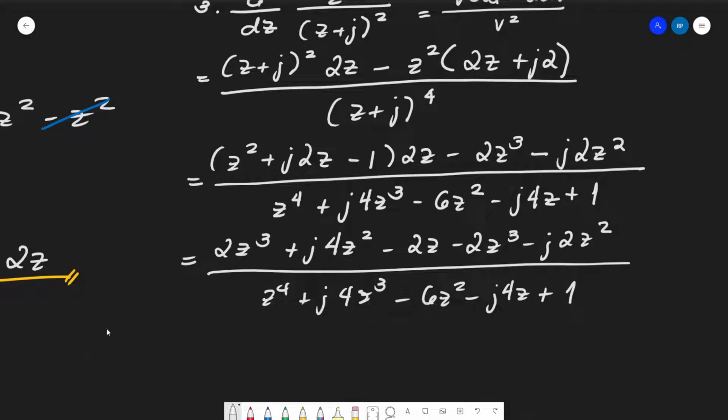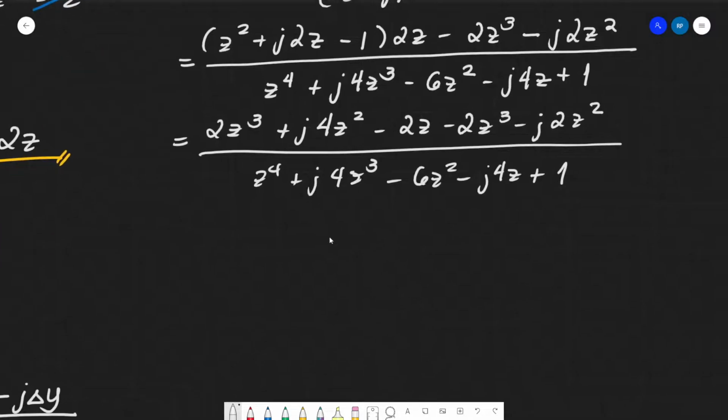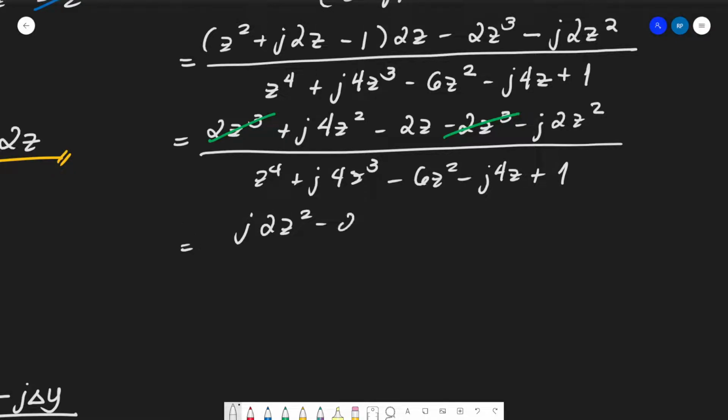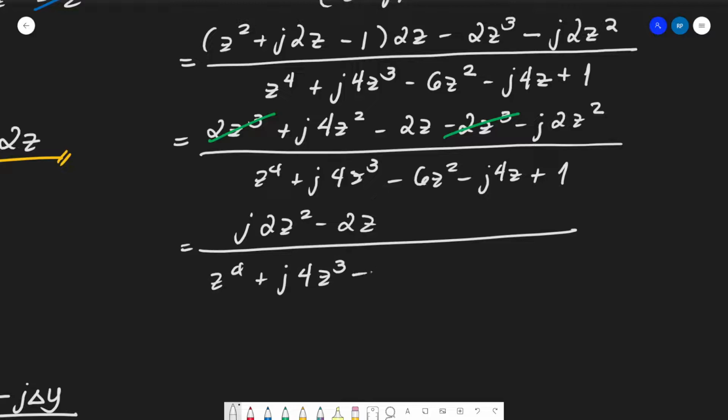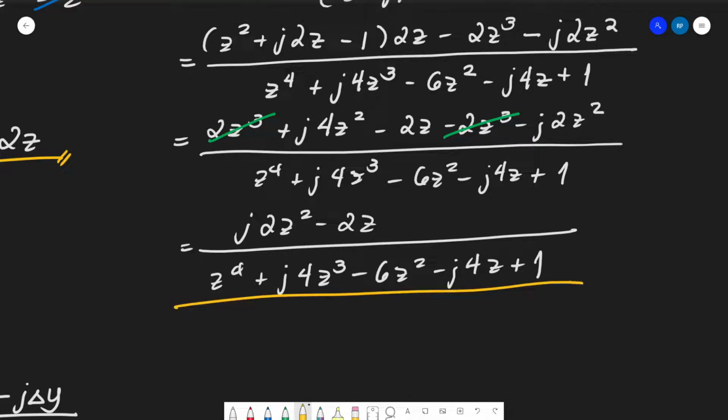Next, may makakancel sa taas, yes. We have here yung 2z cubed tsaka yung negative 2z cubed. So, we have our final answer. J2z squared minus 2z all over z to the fourth plus j4z cubed minus 6z squared minus j4z plus 1. Ayan, yan yung final answer. Okay?